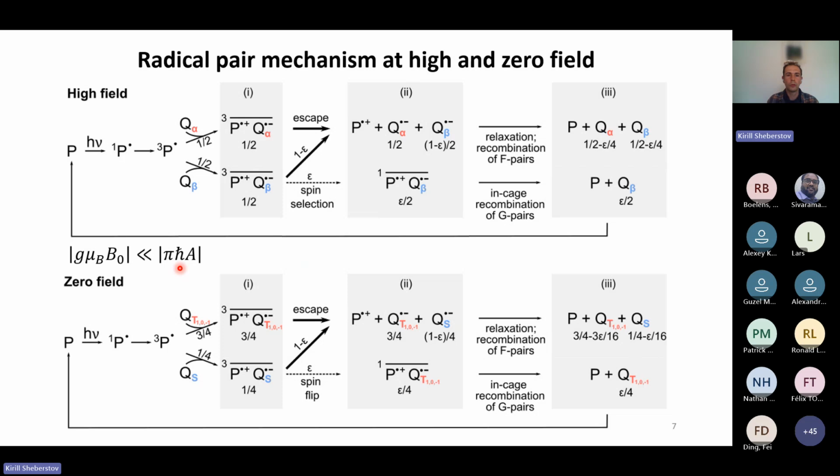This condition is readily met at fields of about 50 microtesla and below. So at around Earth field, one can say that this mechanism would be operational. And if you want a little bit more detail on this process, we have recently published a review paper on ZULF NMR in Progress in NMR Spectroscopy.